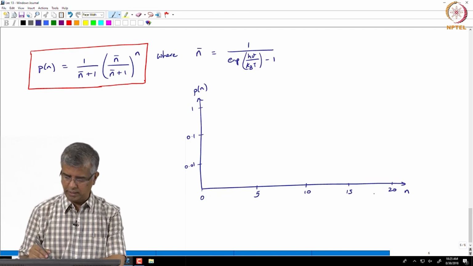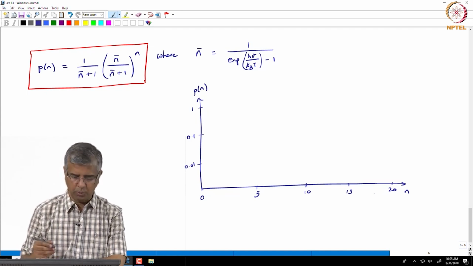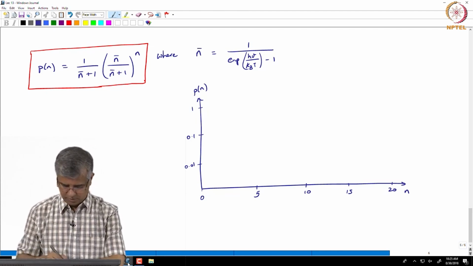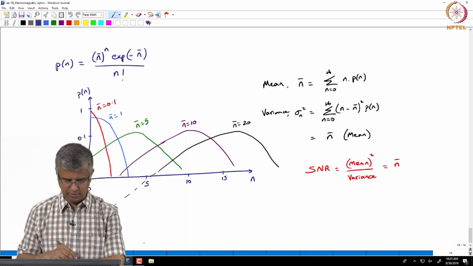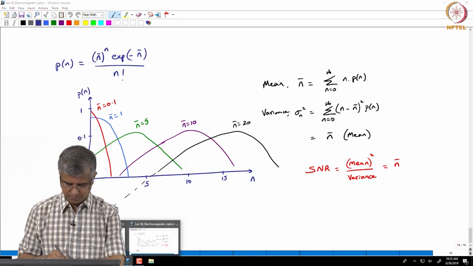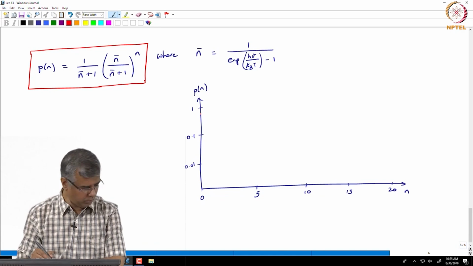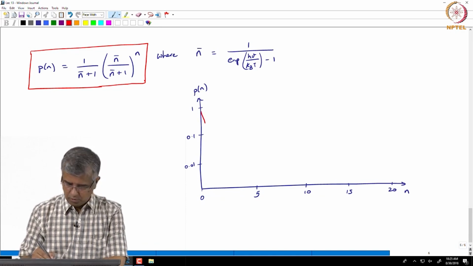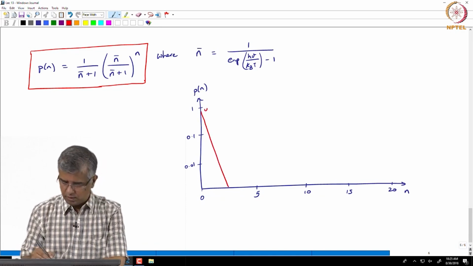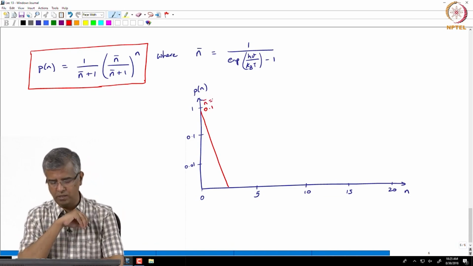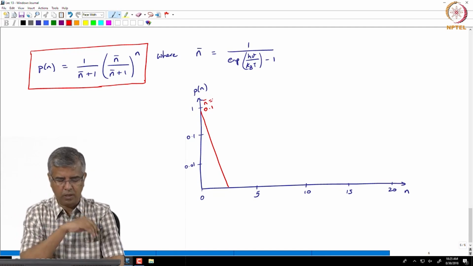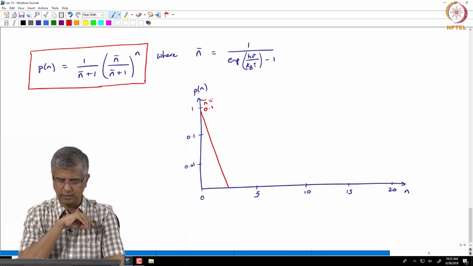For n bar equal to 0.1, if you plot this expression, it is going to look like this.